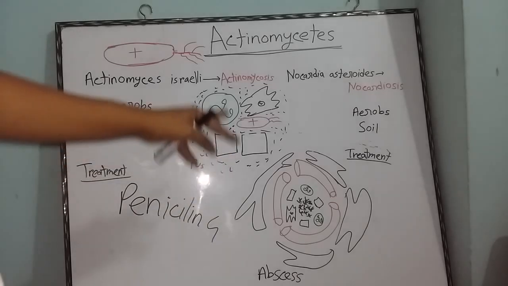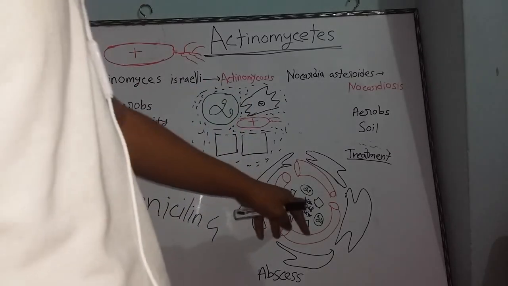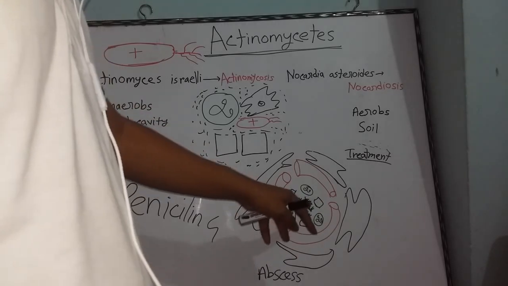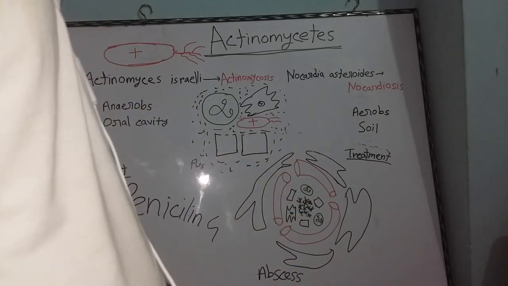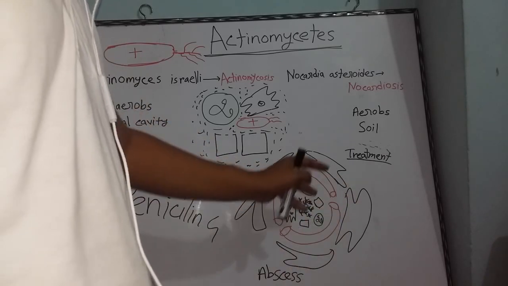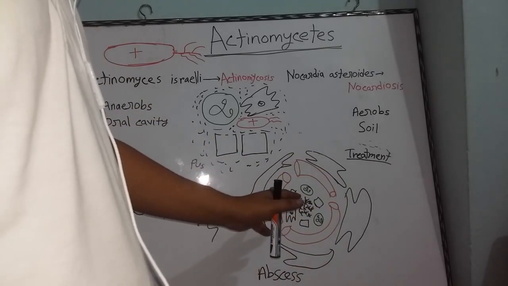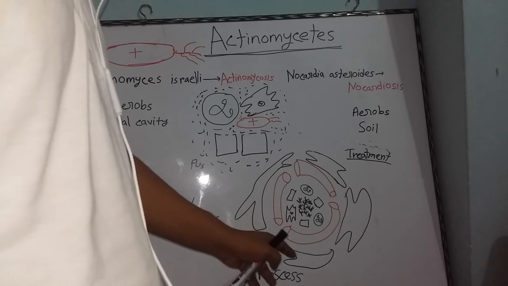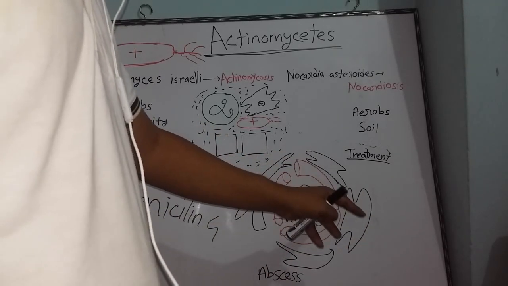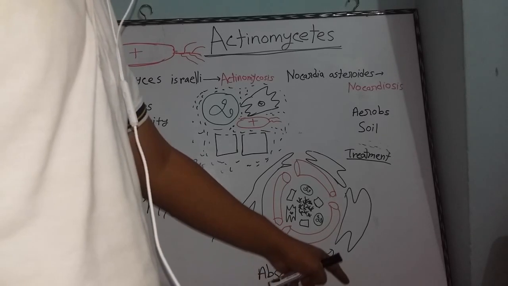This pus is surrounded by some healthy cells, these are the active healthy cells, and outside this there are dilated blood vessels, and outside there are fibroblasts, and this whole structure is called an abscess.